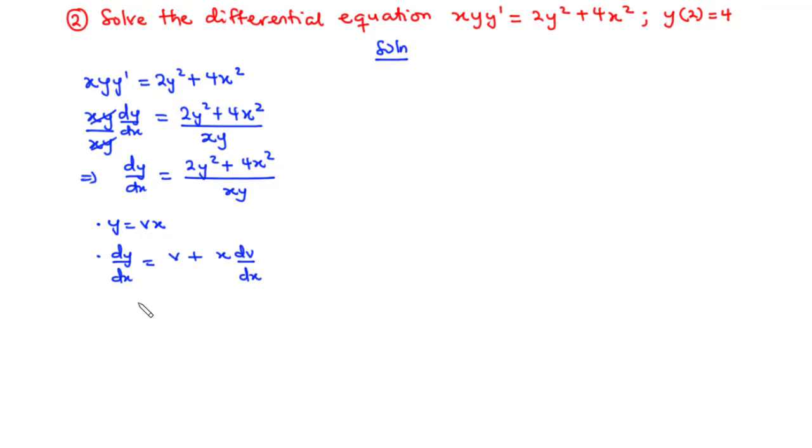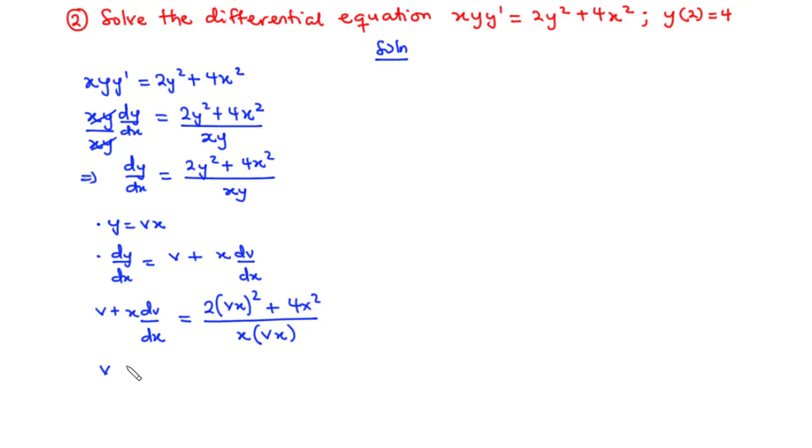So on the left hand side, we are going to have v plus x dv dx, and that is equal to, on the right hand side we have 2 times, in place of y we have vx, all squared, plus 4x squared, all divided by x. In place of y, we have vx.